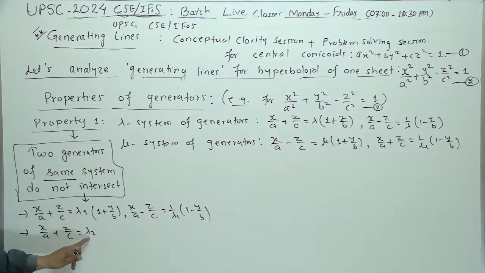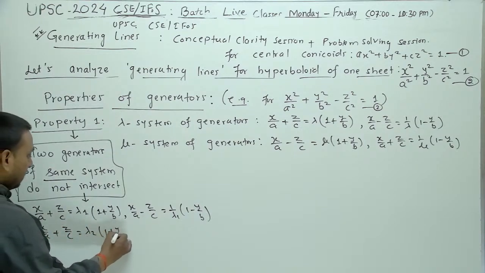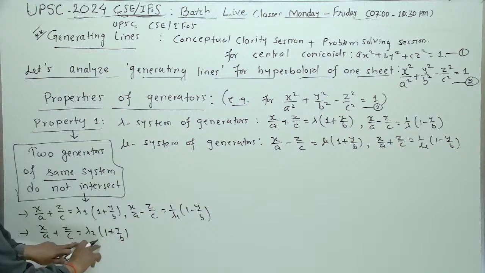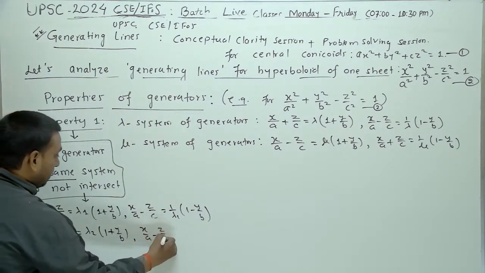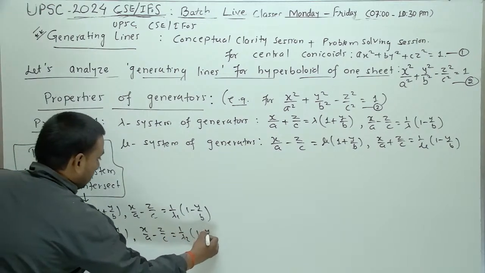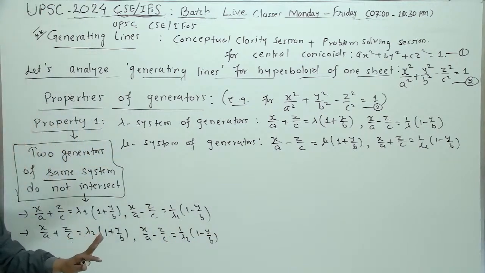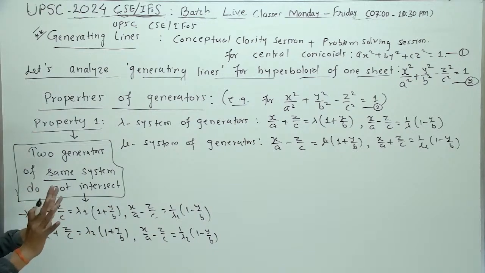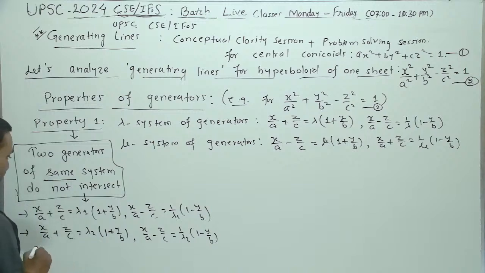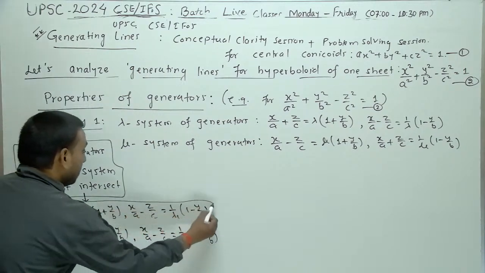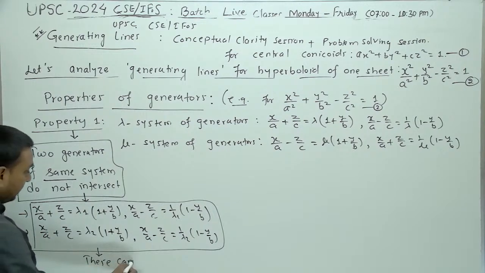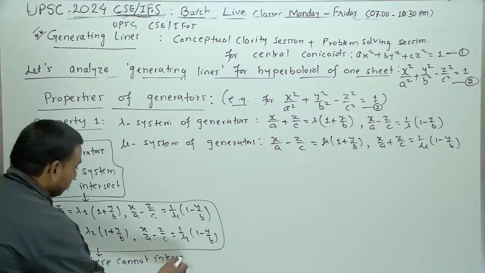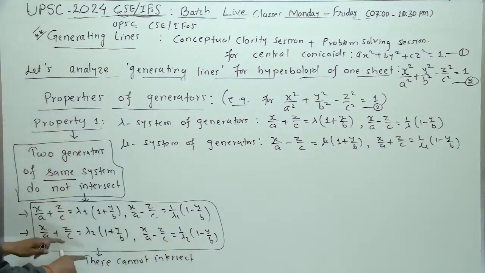So I take another parameter, lambda 2 now, but that is the lambda system, so I will keep the expressions like this only. Am I clear? So what does it say? It says that these two generators cannot intersect. That is property 1.